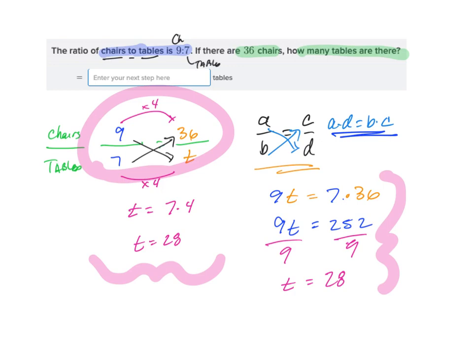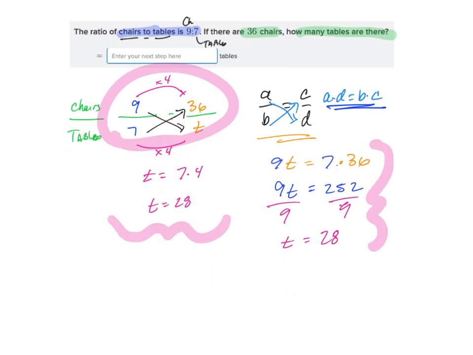Usually, almost always, there's more than one way to solve something. So the bottom line with this is we're just looking to set up proportions when it talks about a proportion. We're doing the same thing when we do the percents, which is what we're going to learn about next. Okay? So here you would say there's going to be 28 tables for those 36 chairs. Okay, good luck with this.